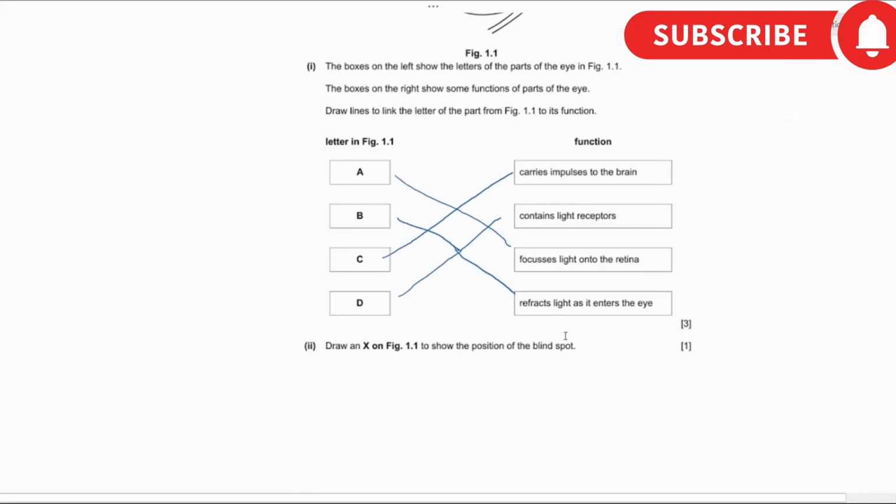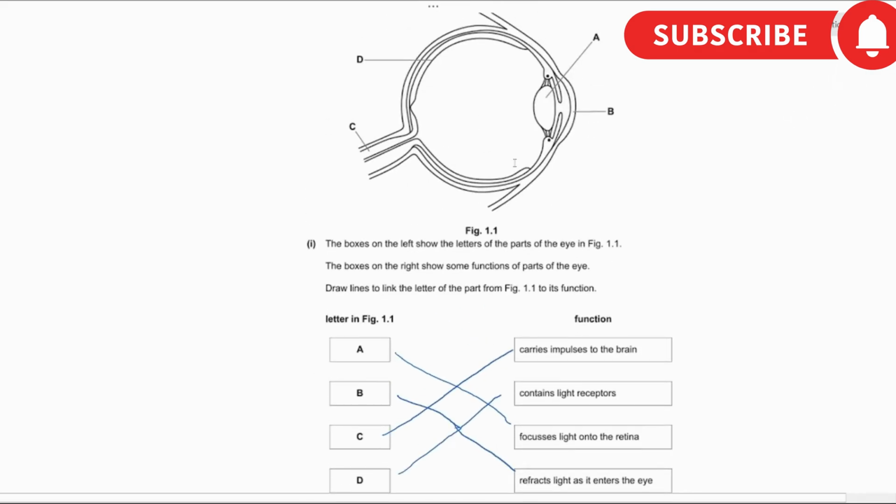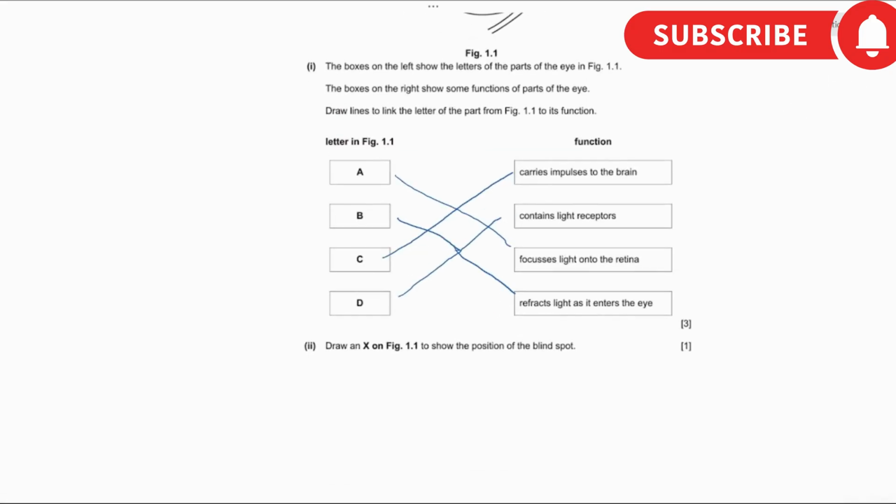What would be X? Rods and cones. So this is the blind spot for us. Okay, there is a question given related to cones and rods.